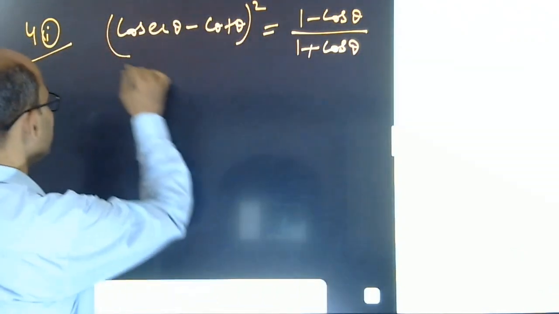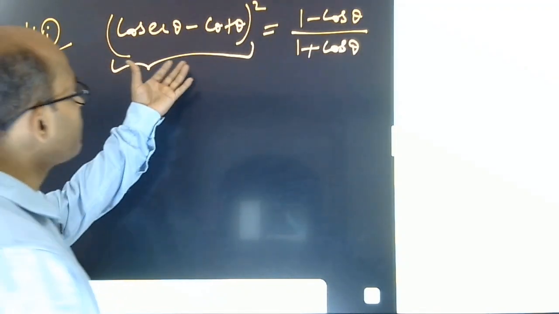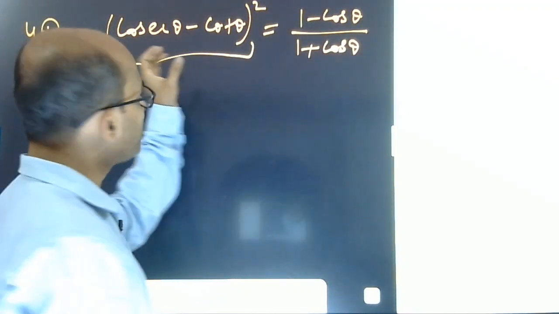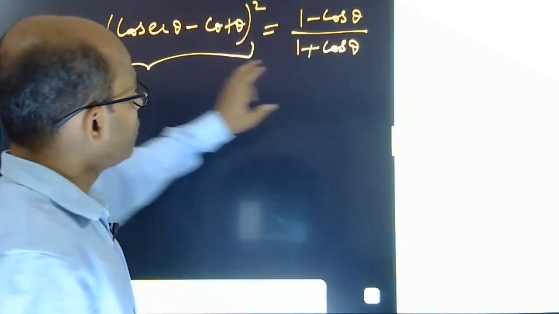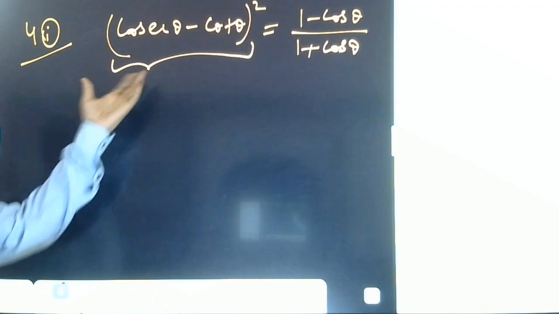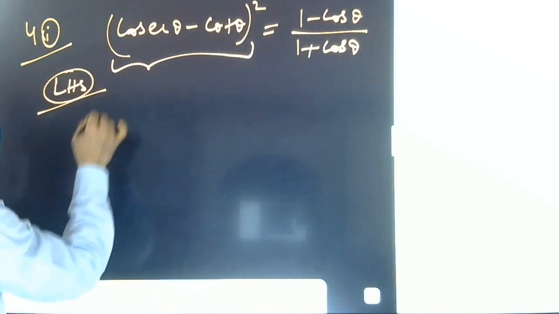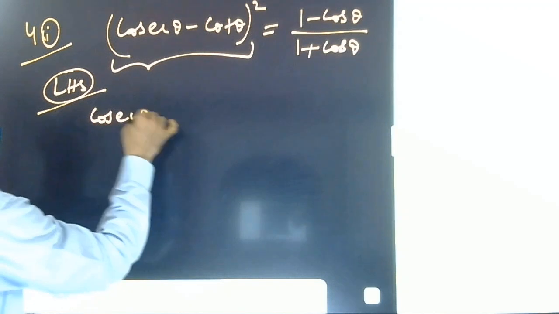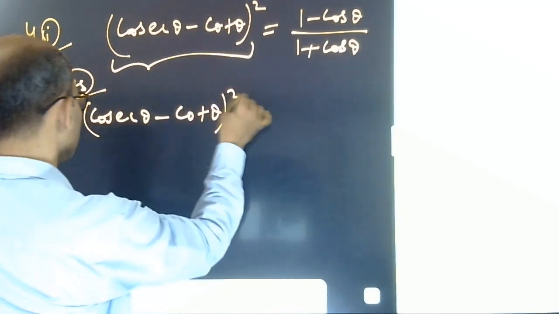First of all, we are required to write down the LHS quantity. The value of the LHS quantity is (cosec theta minus cot theta) whole squared.